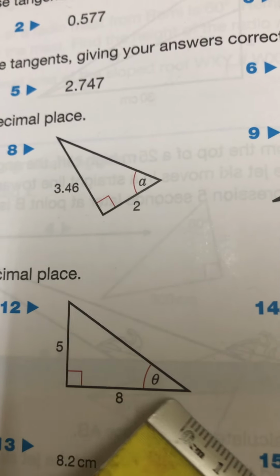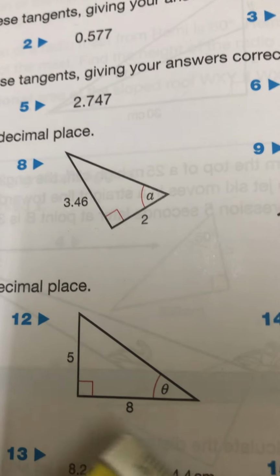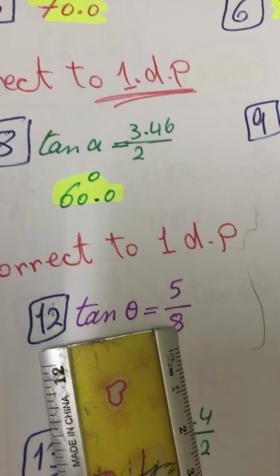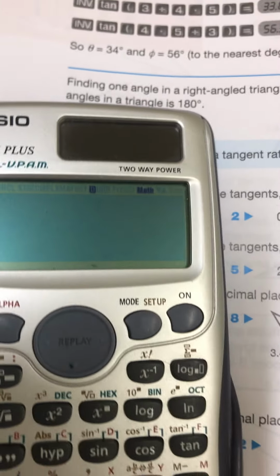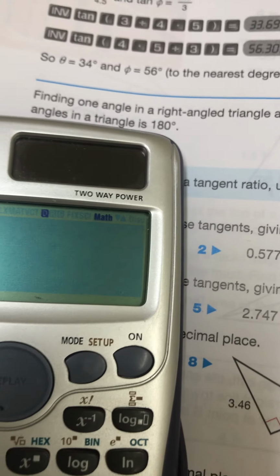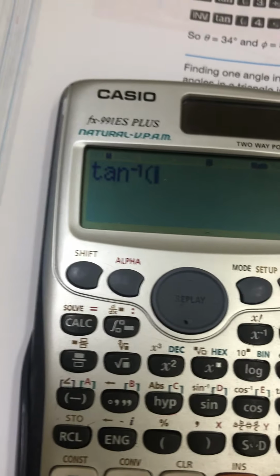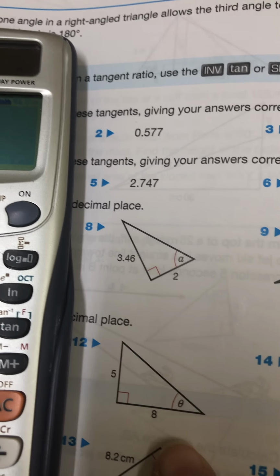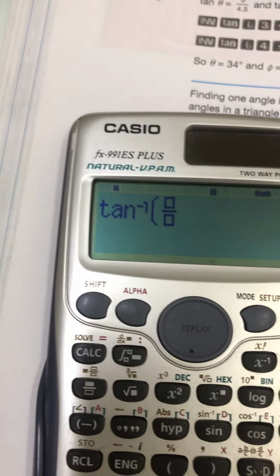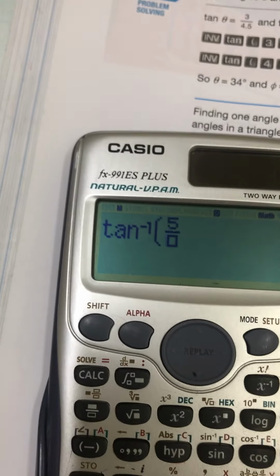Now, number 12. I have here angle theta. The opposite is 5, the adjacent is 8. So tan theta equals 5/8. I'll use my calculator: shift, then tan, then the fraction, 5 up and down 8.